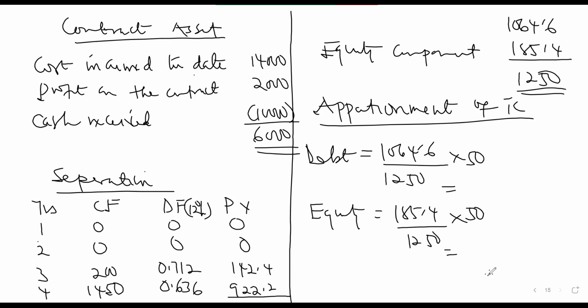What will be their share of the transaction cost? So debt is having 42.58. Okay, equity will be having what? 7.416, sorry.